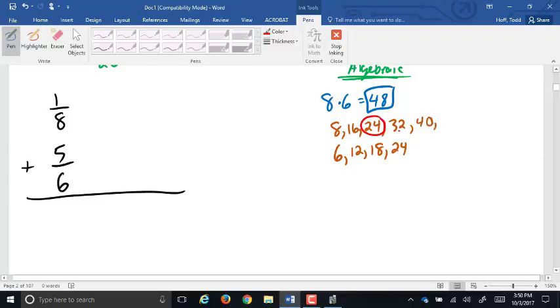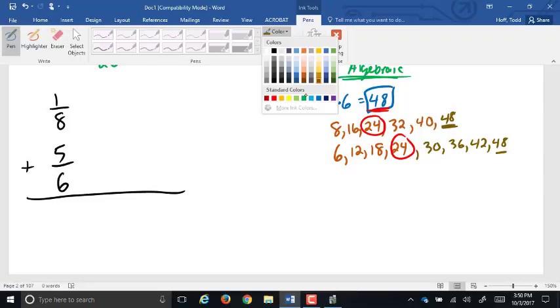So if we make lists, we see that 24 is the least common denominator of those two, smaller than the 48. If we had kept going with our lists, both lists would have included the 48. But we have a common denominator that is smaller, the 24.